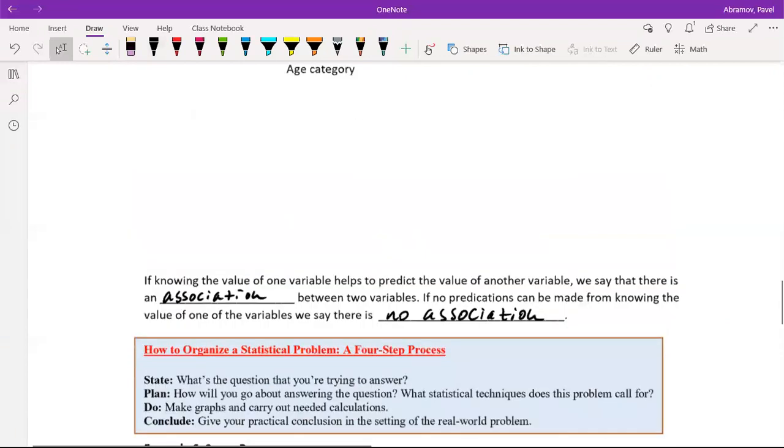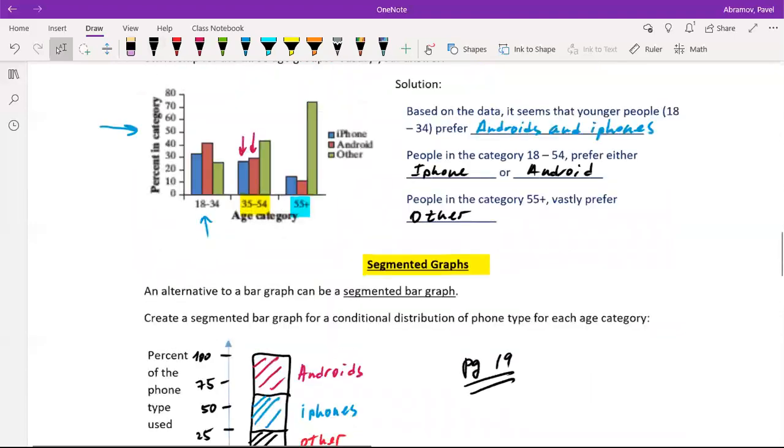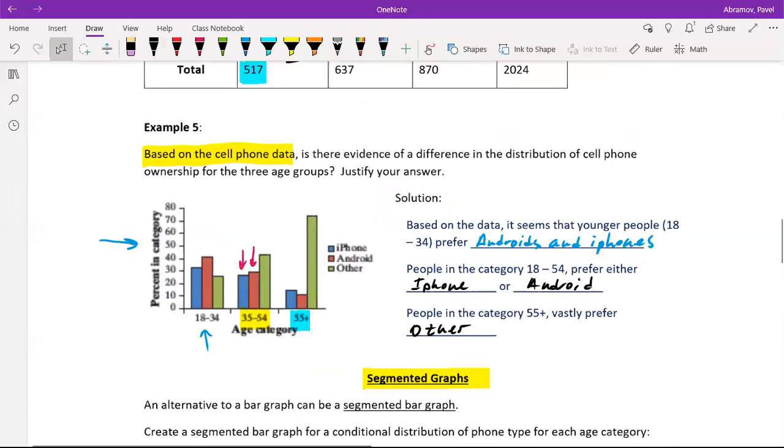For example, if we go back to our cell phones, we see that there is an association between the age group and the type of phone that's being used. For example, people that are 55 plus years old preferred, at least, the other type of phones, different from Android and iPhone. So we can predict that an older person would rather be buying the other type of phone.